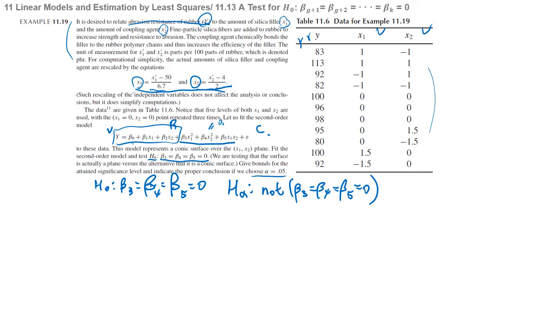This is our hypothesis, and our level alpha is 0.05, and to test this kind of situation we use the F statistic. So you need to write down this formula.